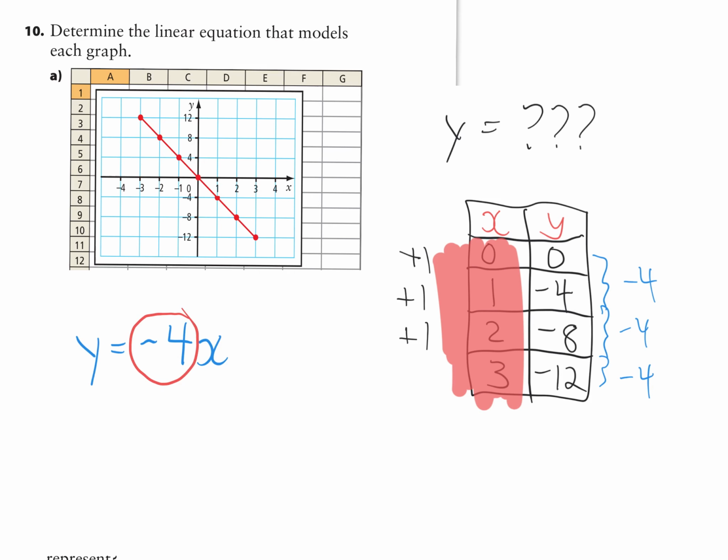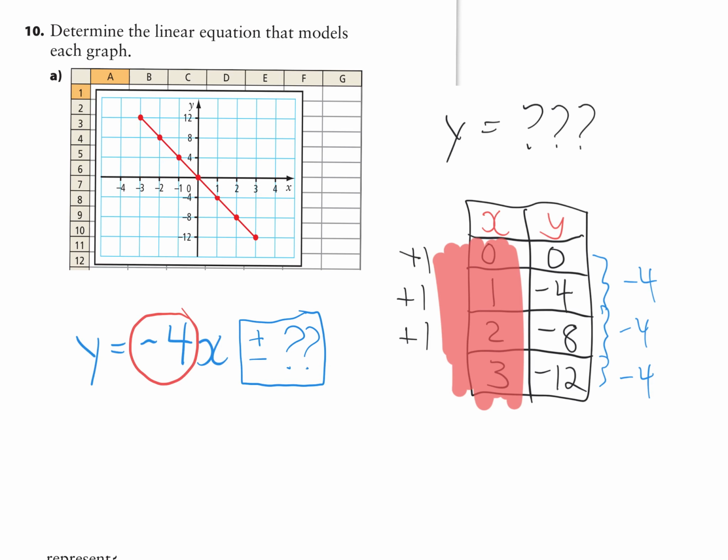Then the next step is to figure out if there is something else here. Sometimes there might be a plus or a minus and then something mysterious. Let's check with our example and see if anything even needs to go there, because sometimes it doesn't.